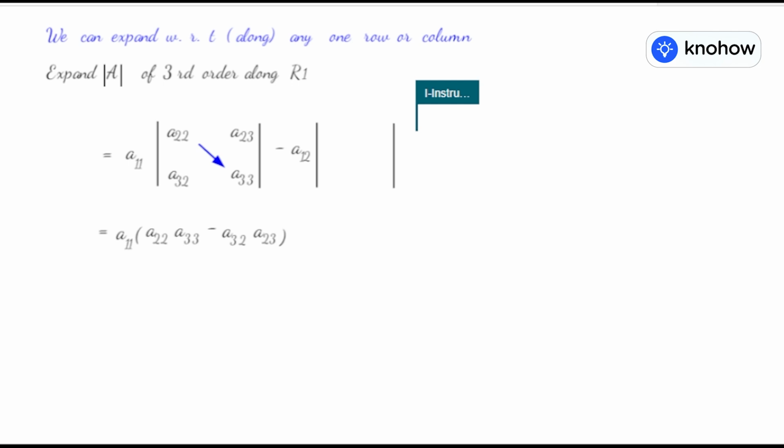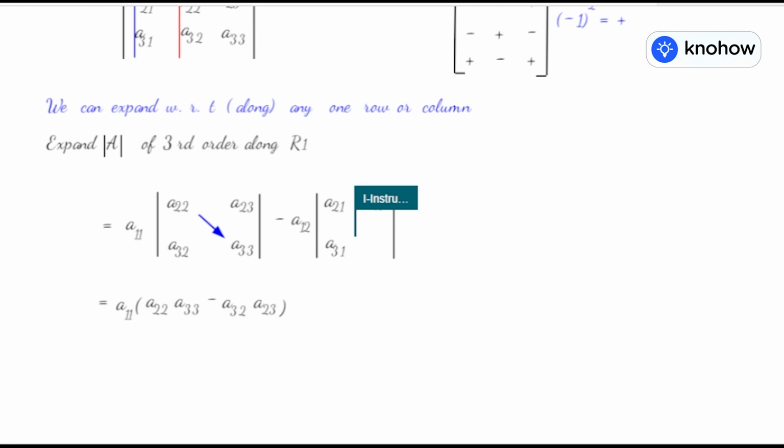So what are you left with? a21, a23, then a31 and a33. And you can of course work out the value of this determinant, multiply the elements on the main diagonal minus the other.